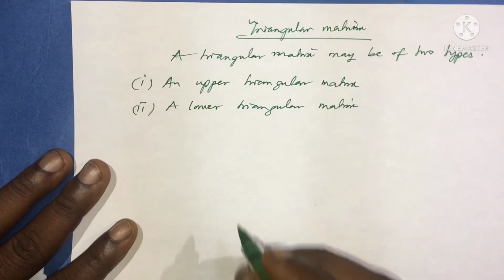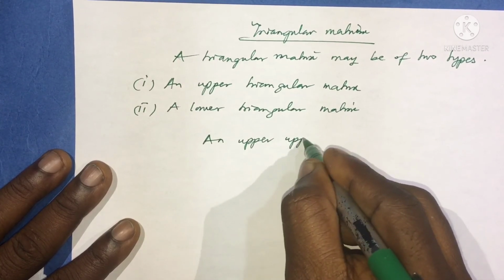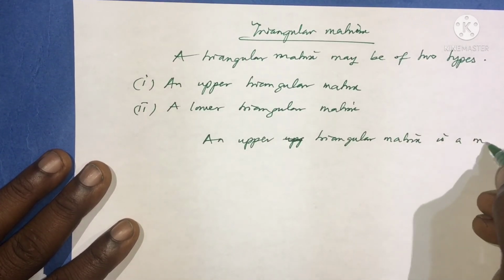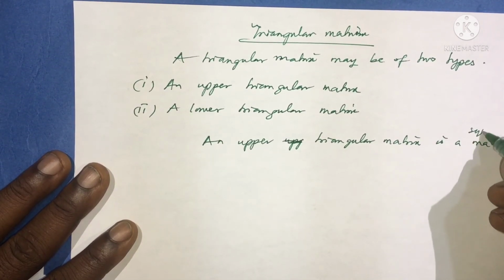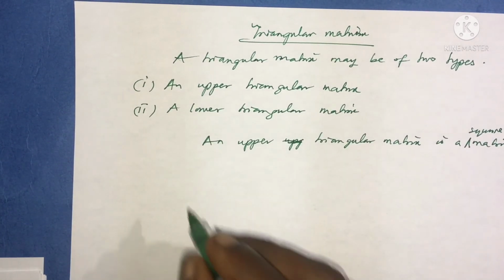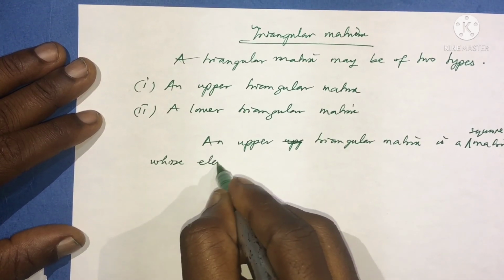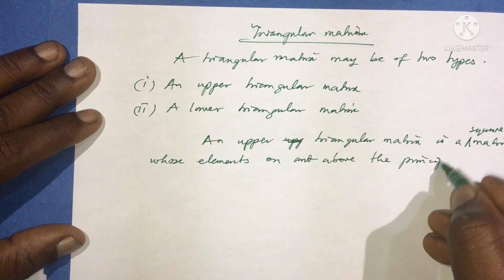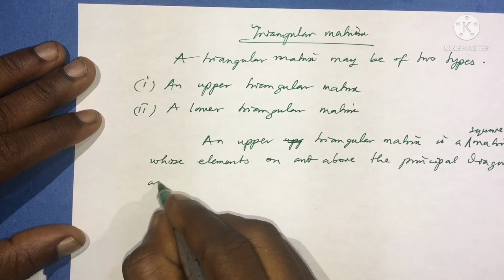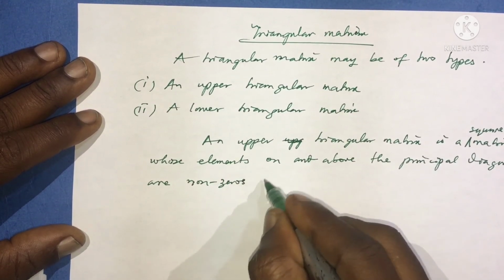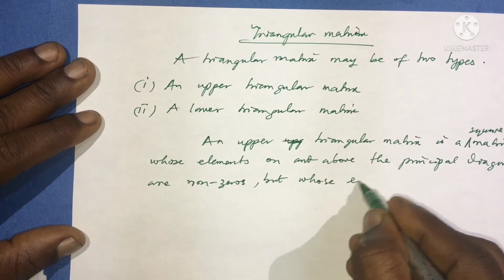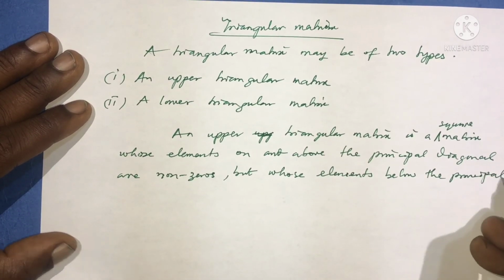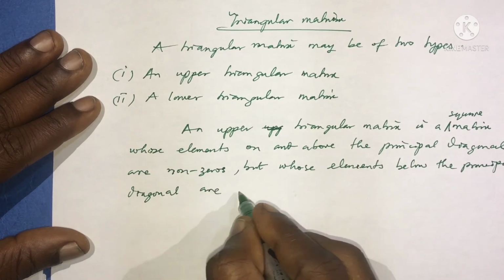Okay, so now an upper triangular matrix is a square matrix whose elements on and above the principal diagonal are non-zeros, but whose elements below the principal diagonal are zeros.